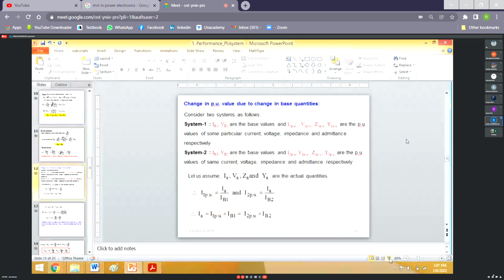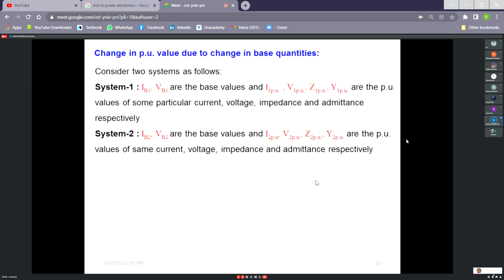So now we shall check what we will change in per unit value if we change the base, because base is an arbitrary thing. We can assume the base values as per our desire. Base may be different from one person to another.